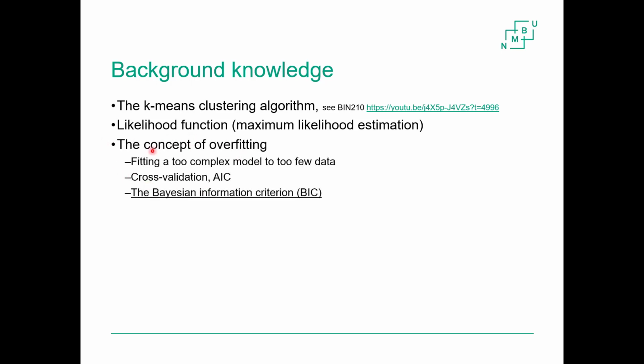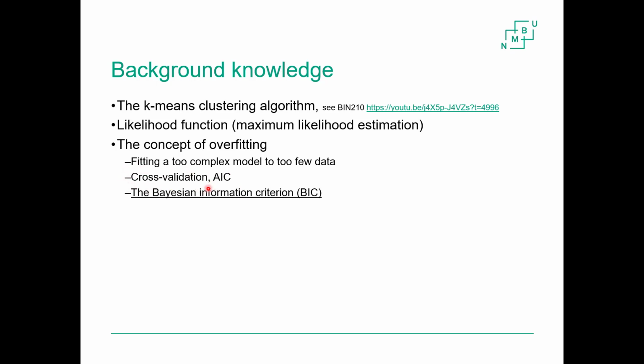And also this concept of overfitting is quite important. I will not dig into it here, but it's mentioned in this paper. Those of you who have taken courses in data science will know what I'm talking about here. It's about fitting a too complex model to too few data, right? That's the problem of overfitting. And there are many ways to avoid this.